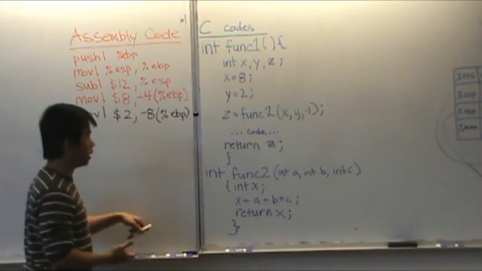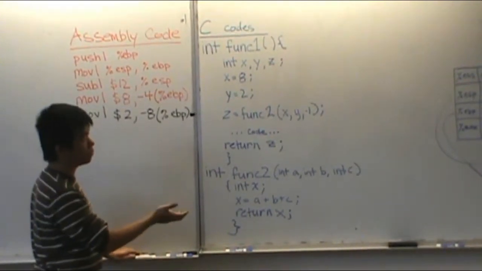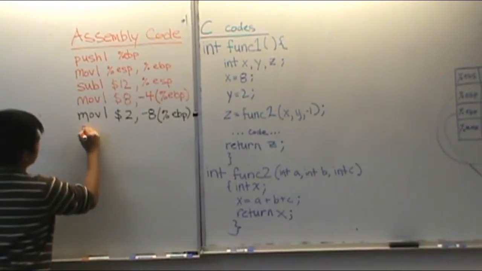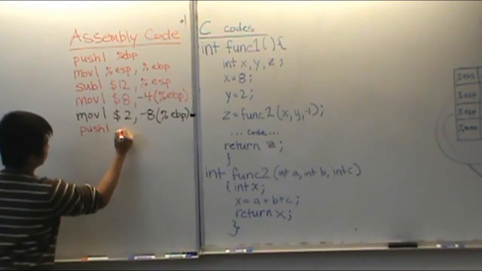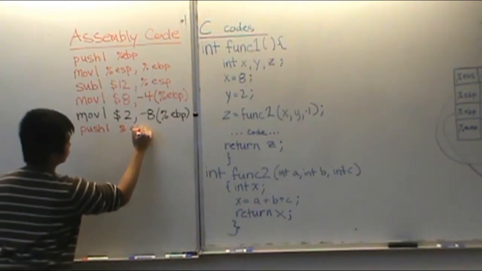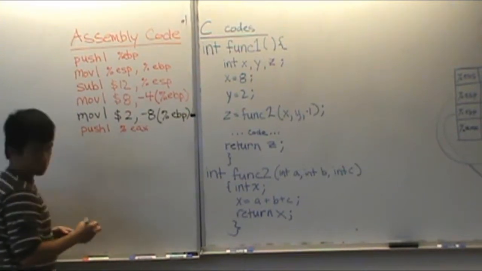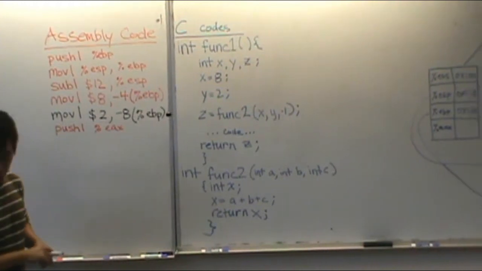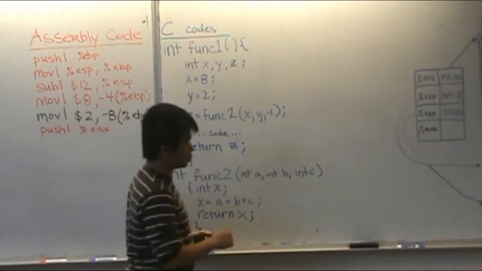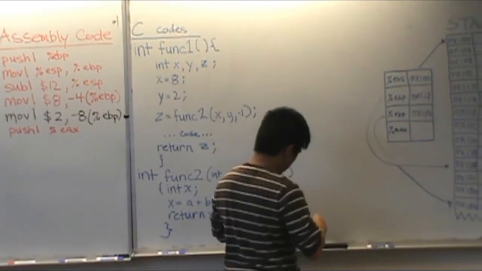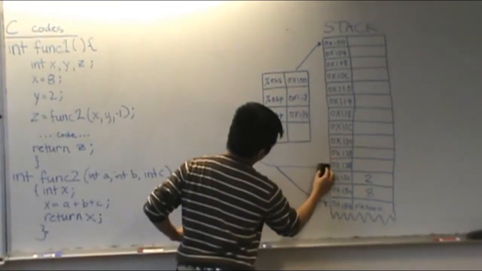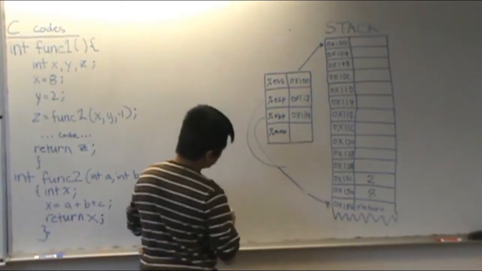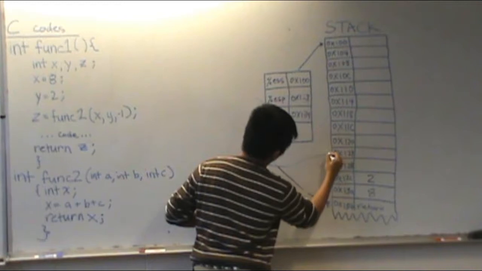Let's just assume we have something valuable in register A. So basically, you would push register A. Then it will store the value in register A. Every time you push, it will change the ESP to here.